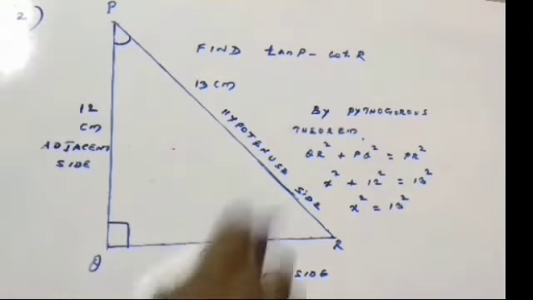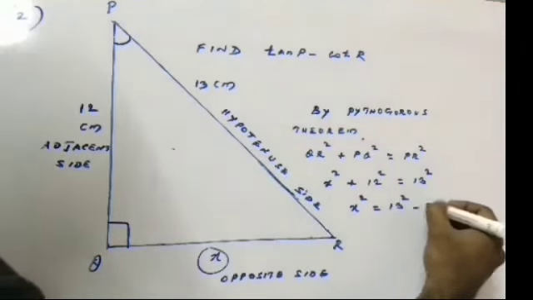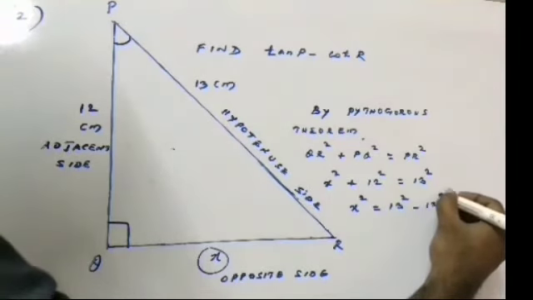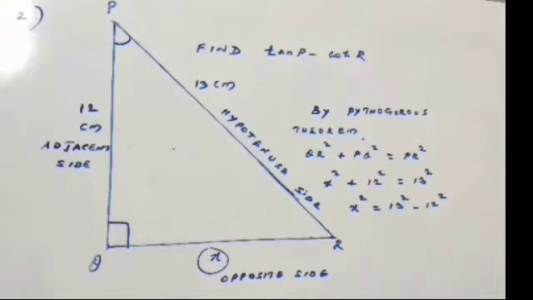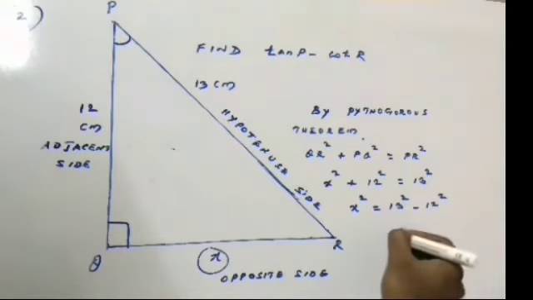If you bring this 12 square into right side, gives minus 12 square. Here no need to multiply 13 into 13, 169, minus 12 into 12, 144. Just you are splitting this using the formula a square minus b square. A square minus b square gives a plus b into a minus b.